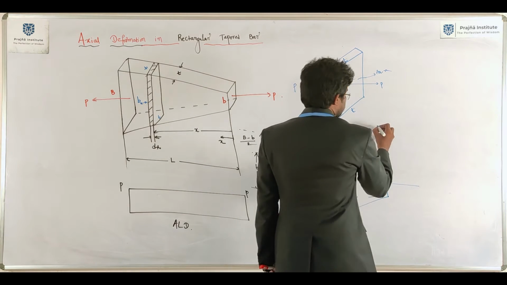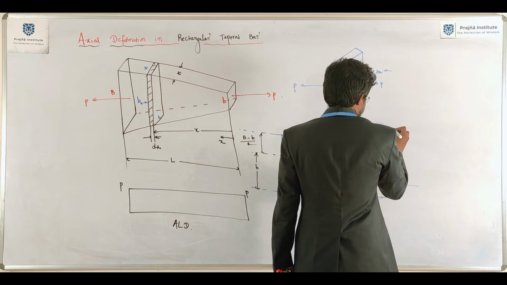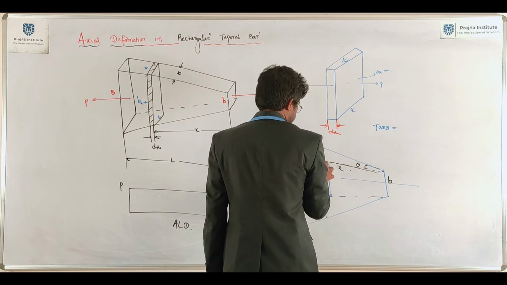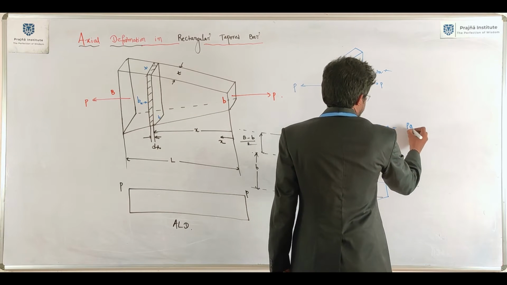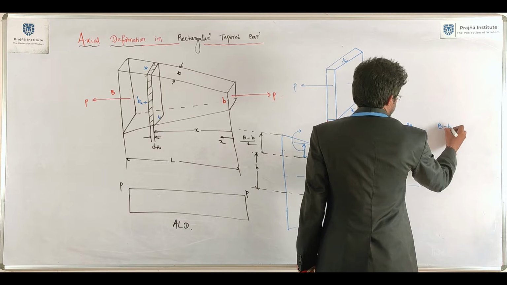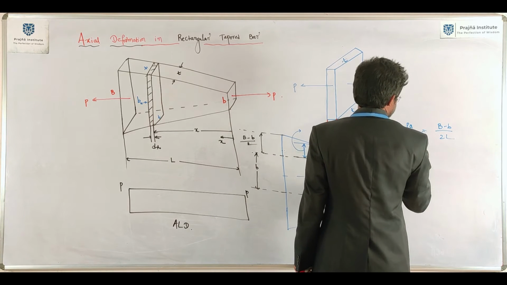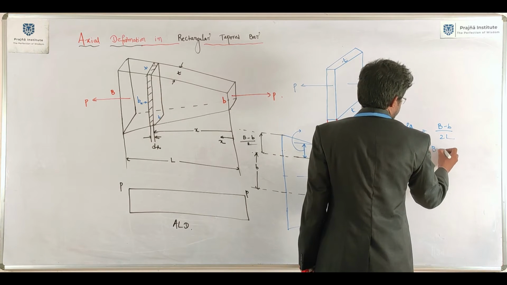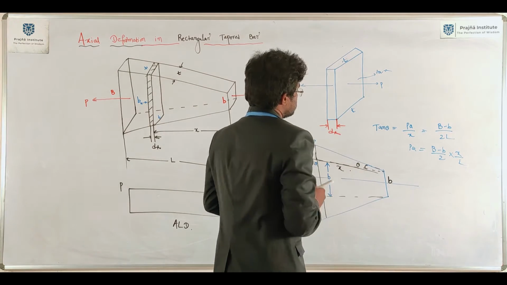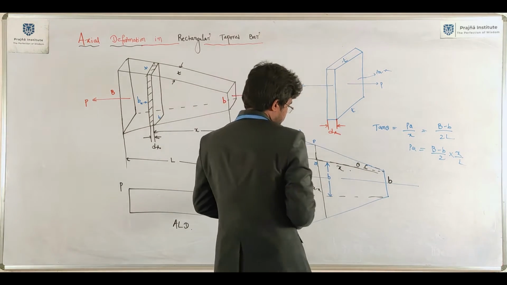Here how much? Tan theta equals PQ by x equals (B minus b) by 2L. So PQ equals (B minus b) by 2 into x by L. Okay, so what is bx?